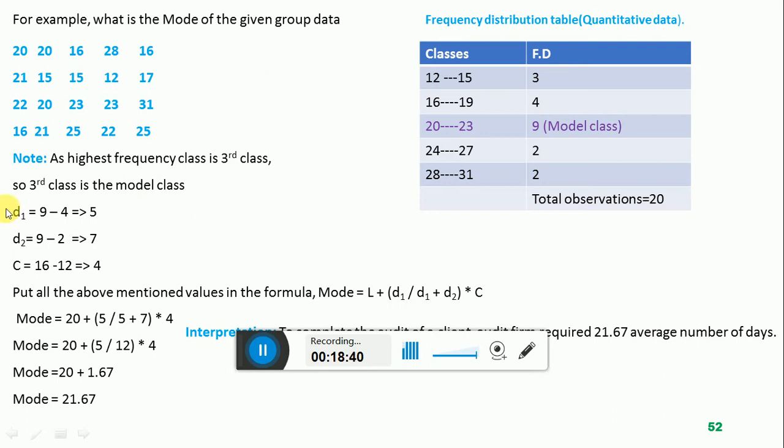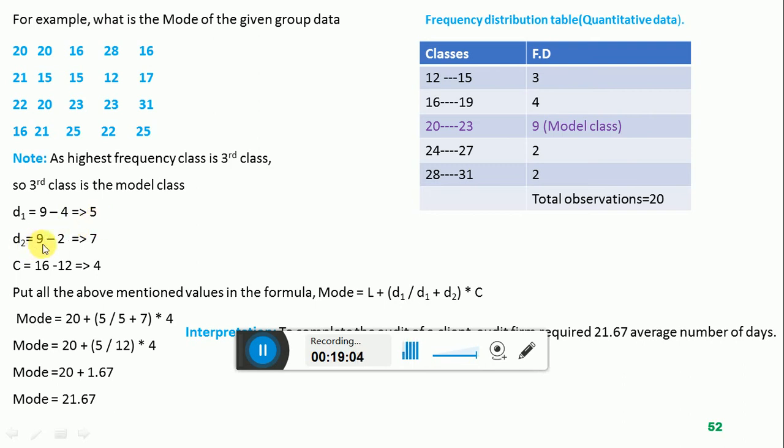We will calculate D1. D1 is equal to the frequency of the modal class minus the frequency of the previous class to the modal class. The modal class frequency is 9 and the previous class frequency is 4. The difference is 9 minus 4, which implies 5.